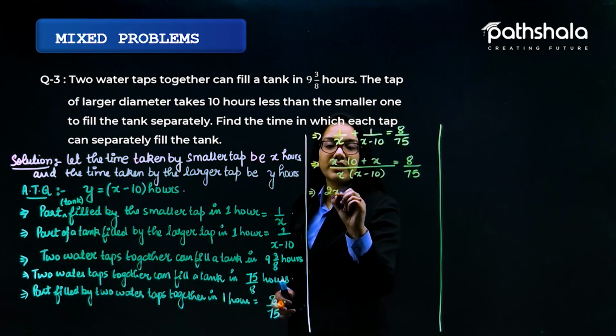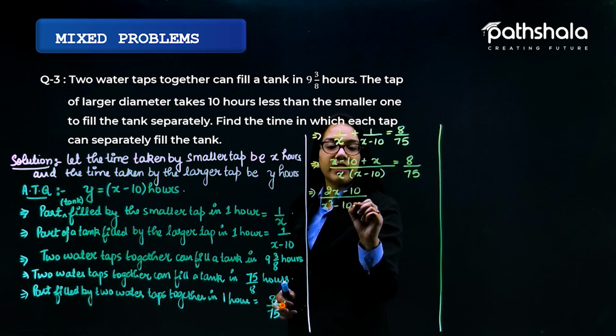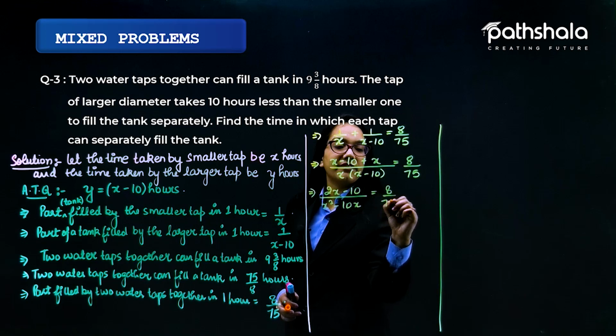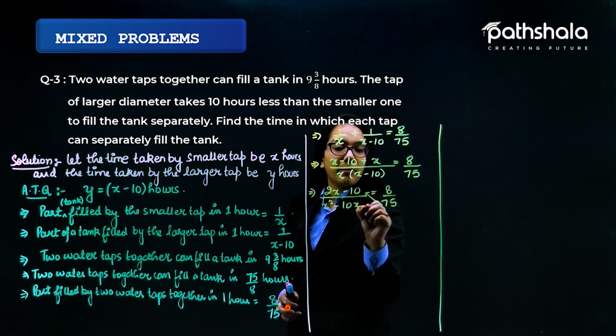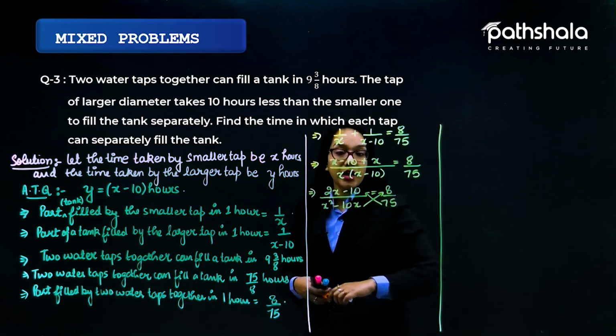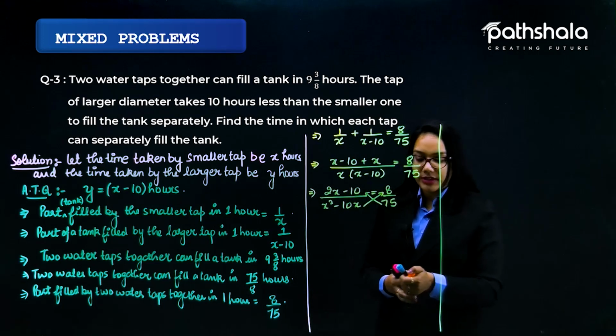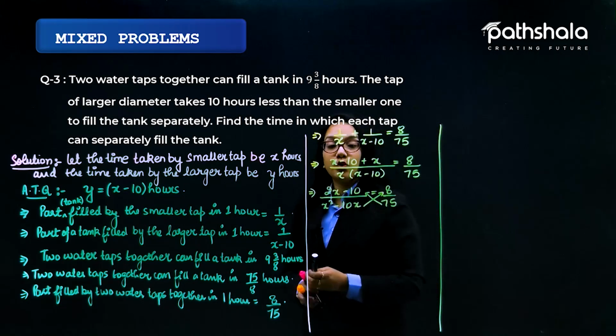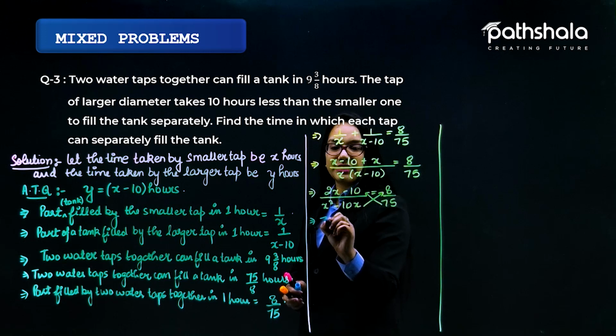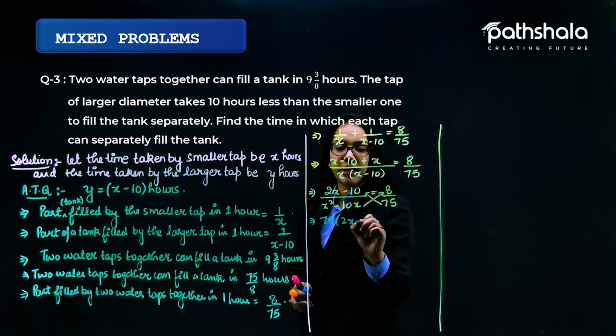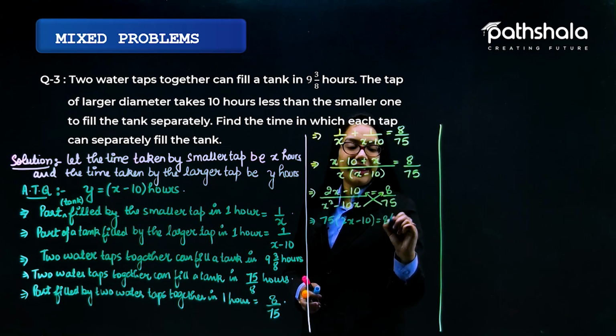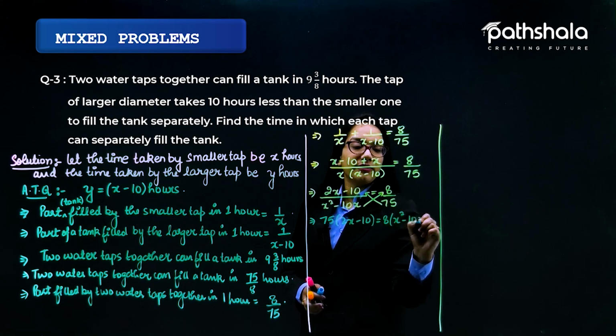So X and X is 2X minus 10 divided by X square minus 10X, which is equal to 8 by 75. Let's take the elements above by cross multiplying. So it would be 75 into 2x minus 10, which is equal to 8 into x square minus 10x.